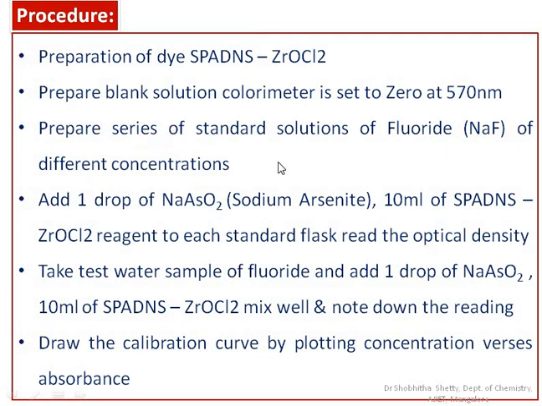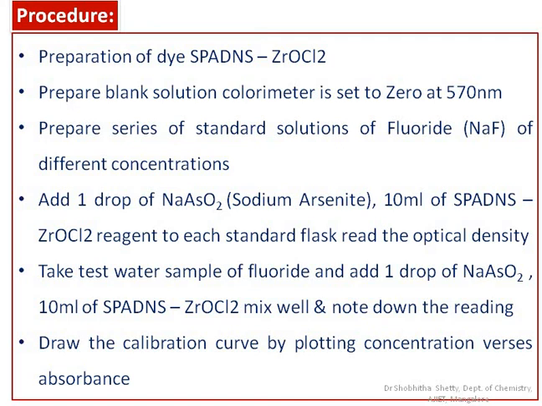Different known concentrations of sodium fluoride have to be taken in different standard flasks. For all the standard flasks we need to add 1 drop of sodium arsenite and 10 ml of the zirconyl acid reagent and SPANS solution that is already prepared, and mix well.